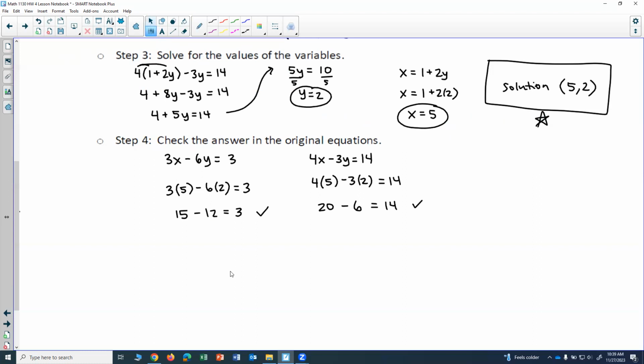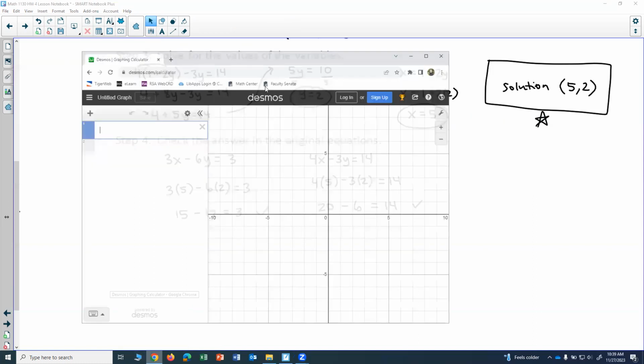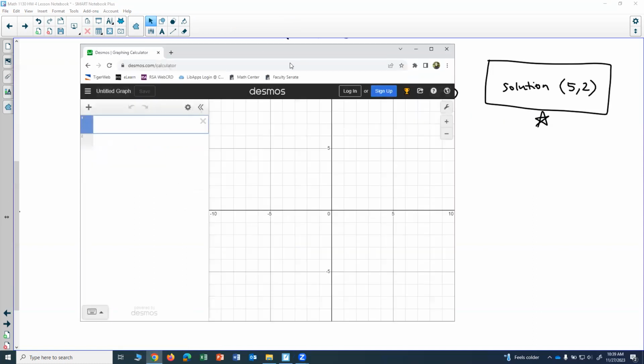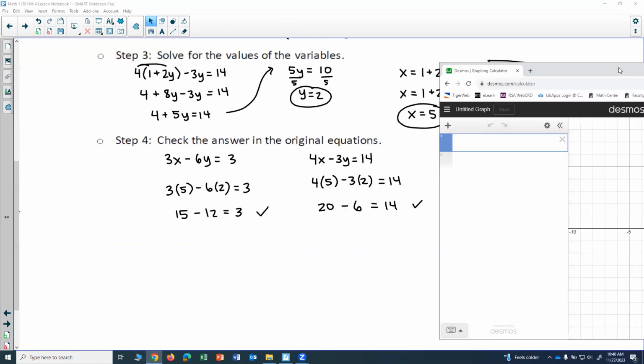Now you can also check using Desmos. If you pull up the graphing calculator and put in your two equations, I'm going to type in 3x minus 6y equals 3. And I'll type in 4x minus 3y equals 14.